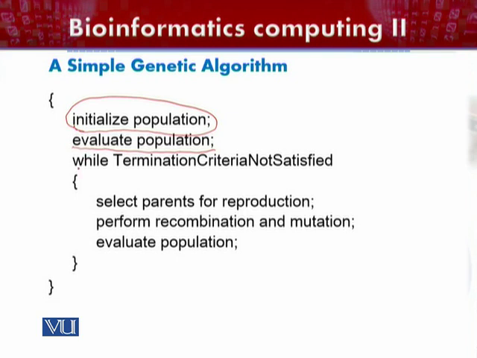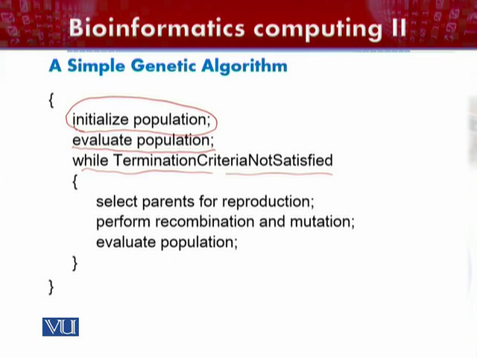In the initialization step, we also have to set a termination condition, which may be the maximum number of generations for the algorithm, or the condition that the maximum fitness score is achieved, or that the maximum space complexity is reached.